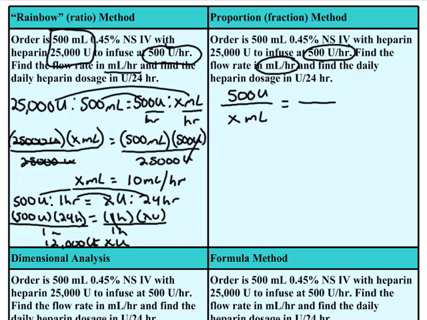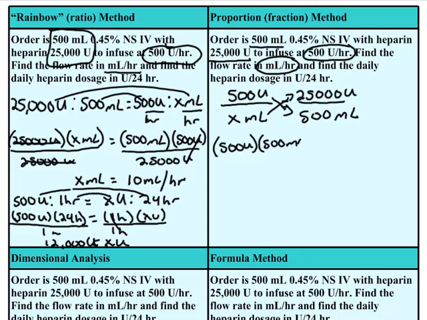We have a relationship given to us between units and milliliters directly from the problem. We can see that there's 500 milliliters and 25,000 units. We then will cross multiply to solve for our X. 500 units times 500 milliliters will give me X milliliters times 25,000 units.